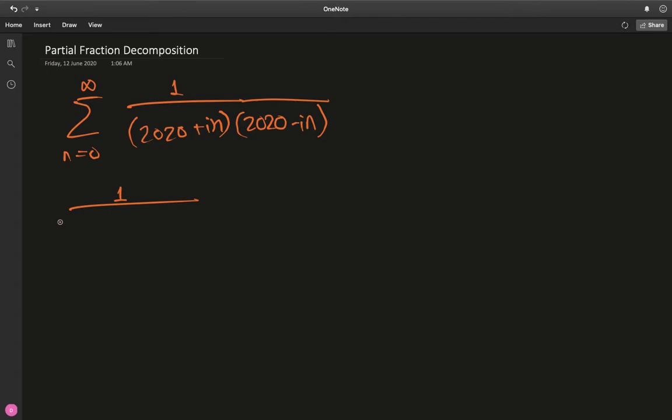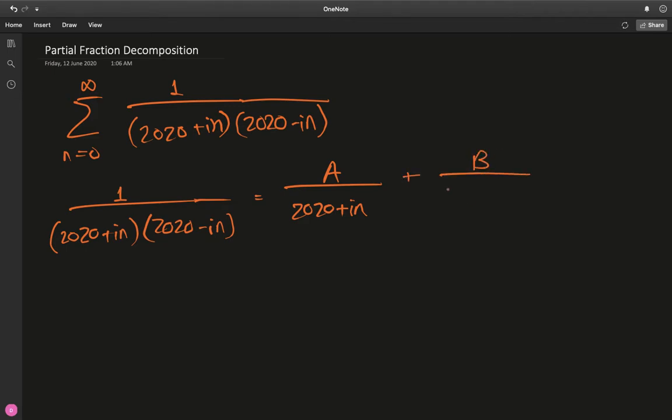Originally we have 1 over (2020 plus in) times (2020 minus in), right? So we want to express this as some constant a divided by the first factor 2020 plus in, plus b divided by the second factor 2020 minus in.